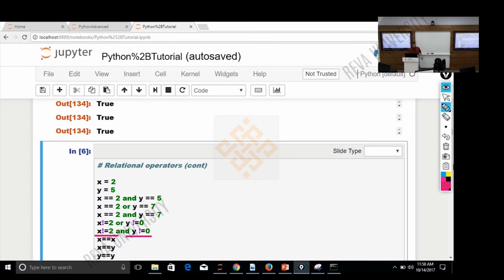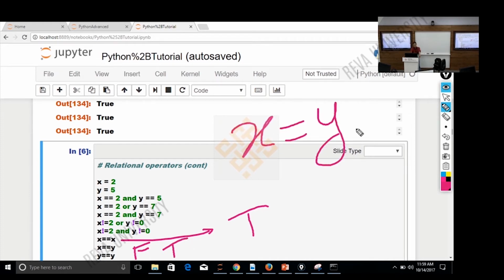Then X is equal to X, X is equal to Y, Y is equal to Y. Who can tell me? This is true. This is false, this is true. If I do X is equal to Y, what will be the answer for that? No, no, think again.